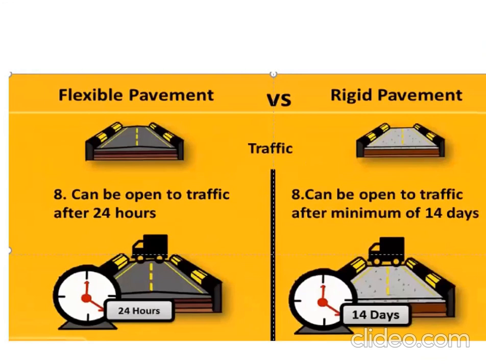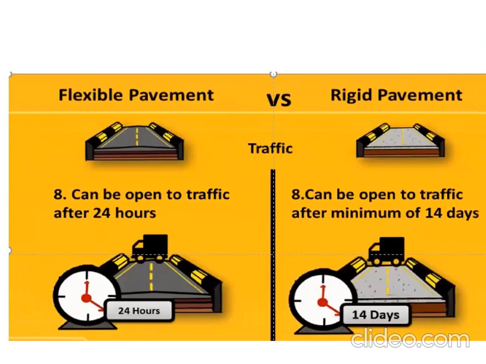In very hot weather, you have laid asphalt concrete at around 70 or 80 degrees centigrade temperature, and on the next day, if the temperature does not go below 60 degrees centigrade, you cannot even open the traffic after 24 hours.